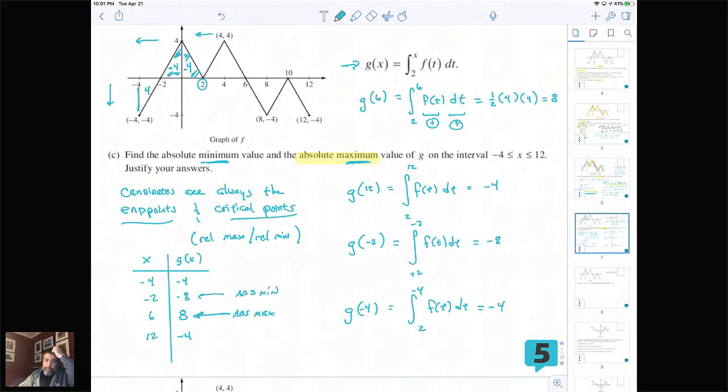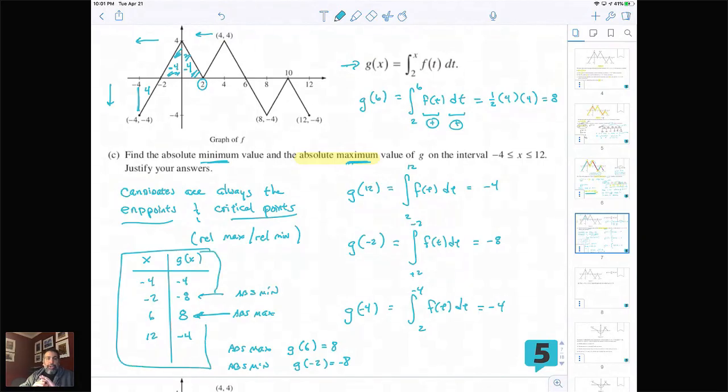So to answer this question, all we've got to do is say the absolute max is when g of 6 equals 8, and the absolute minimum is g of -2 equals -8. If you have the candidates test, no other written justification is necessary.